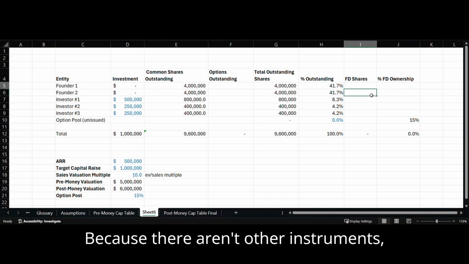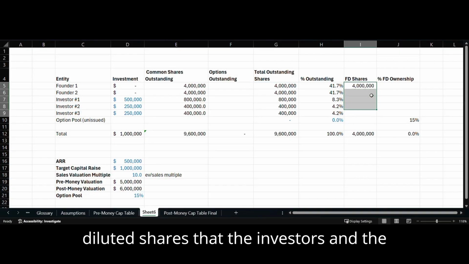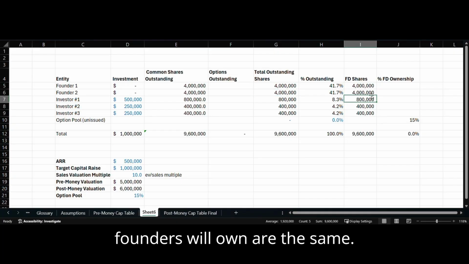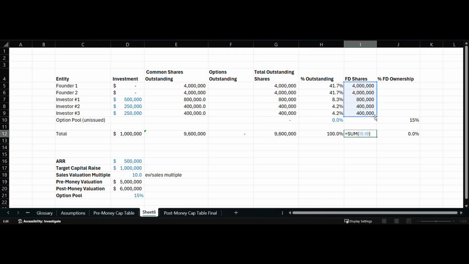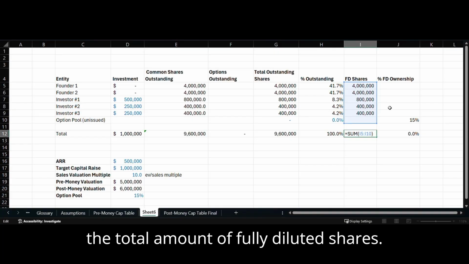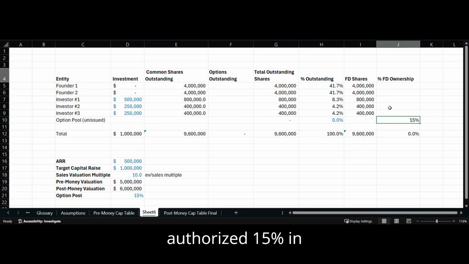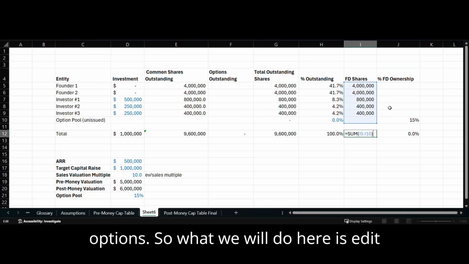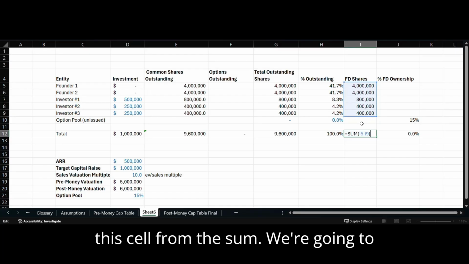Because there aren't other instruments, it's very simple to know that the fully diluted shares that the investors and the founders will own are the same. What changes here is this number, the total amount of fully diluted shares. Why is that? Well, because we authorized 15% in options. So what we will do here is edit this formula to remove this cell from the sum.